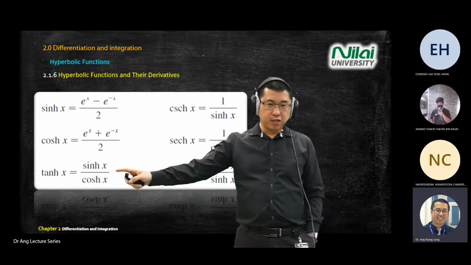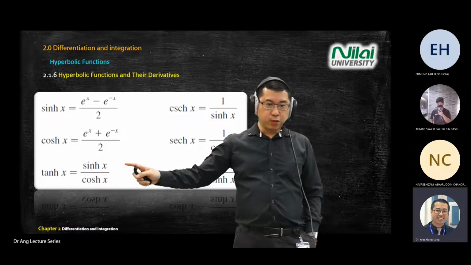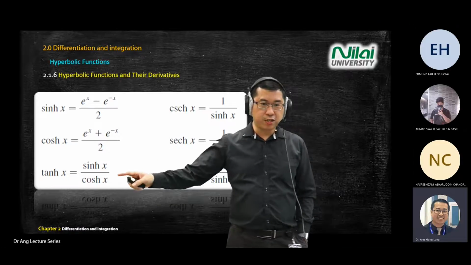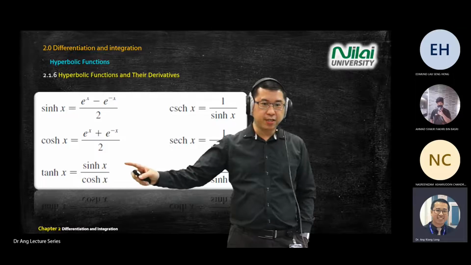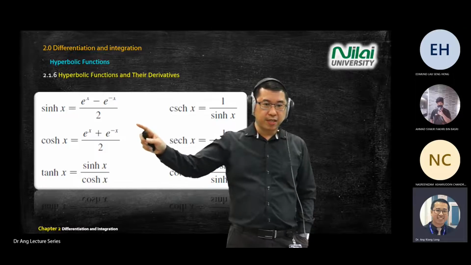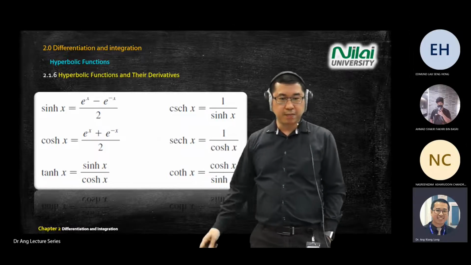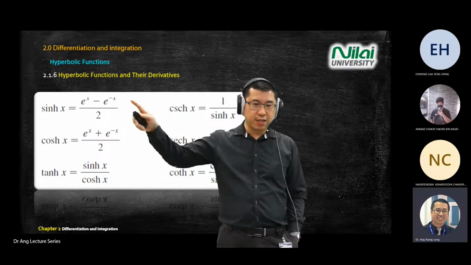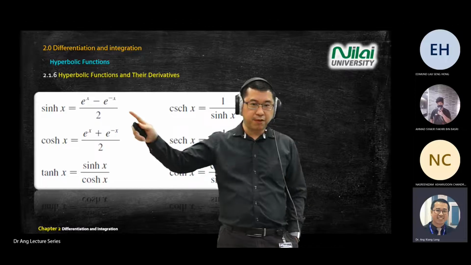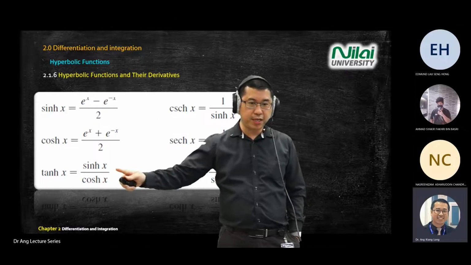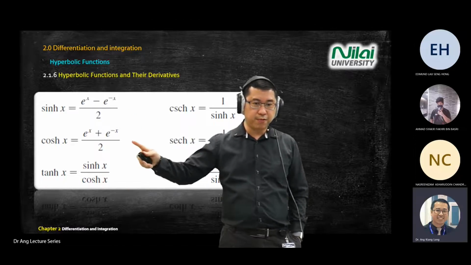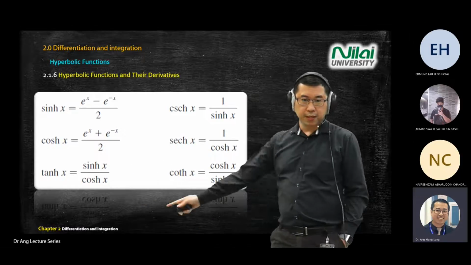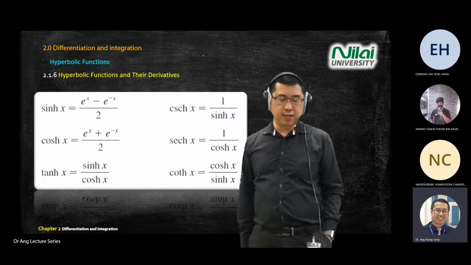And then you know that tangent equals sine divided by cos, right? So if the question asks you to solve tanh, you use sinh divided by cosh. Meaning you calculate the sine first, then you calculate the cos. You put the answer from above on top and the answer from the second line below. You simplify, you get tanh.